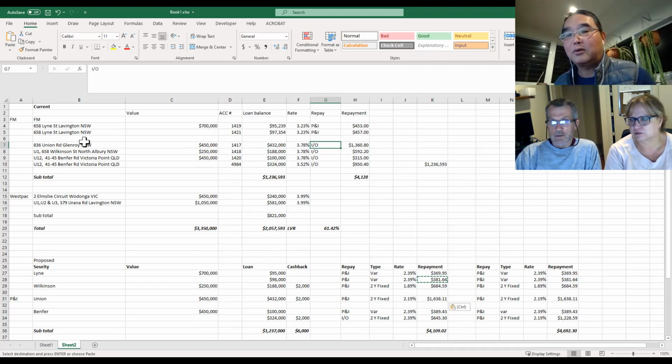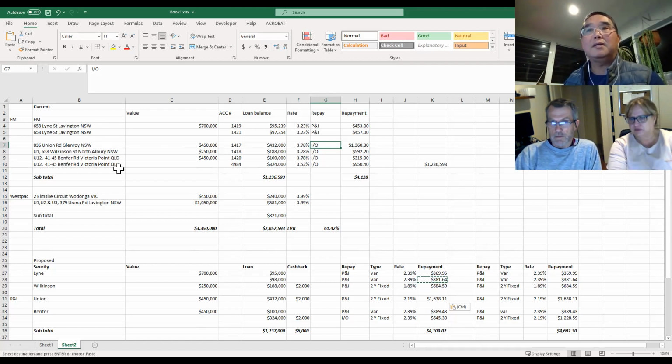Westpac doesn't charge, but those are First Mac and government. Usually in New South Wales, it's just under $700 per property. Queensland is about $580 something per property. So we have 3 New South Wales properties and 1 Queensland property. We're talking about close to $3,000 for refinance cost.